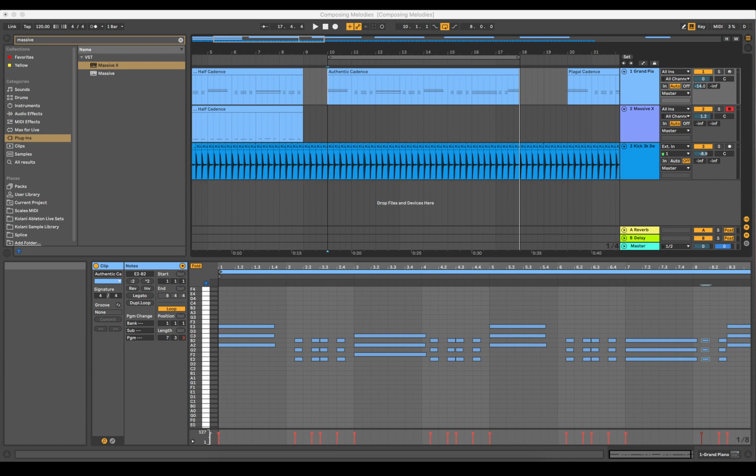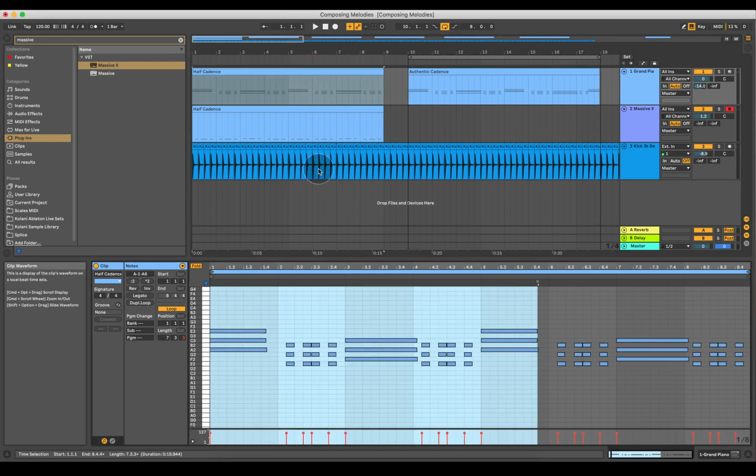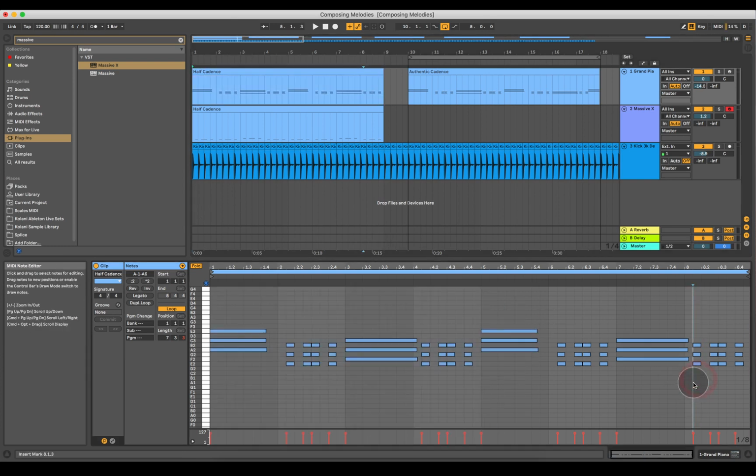But many songs use a half cadence in the middle of a section, such as the middle of an 8-bar phrase. But the end of a phrase tends to more often use an authentic cadence rather than a half cadence. So if we look at this MIDI file here, the one we were working on before, this ends on a half cadence because it ends on the dominant chord, the E minor of the scale.